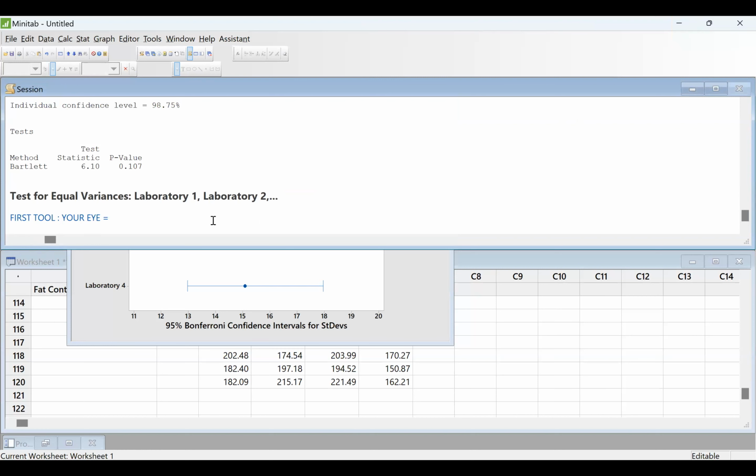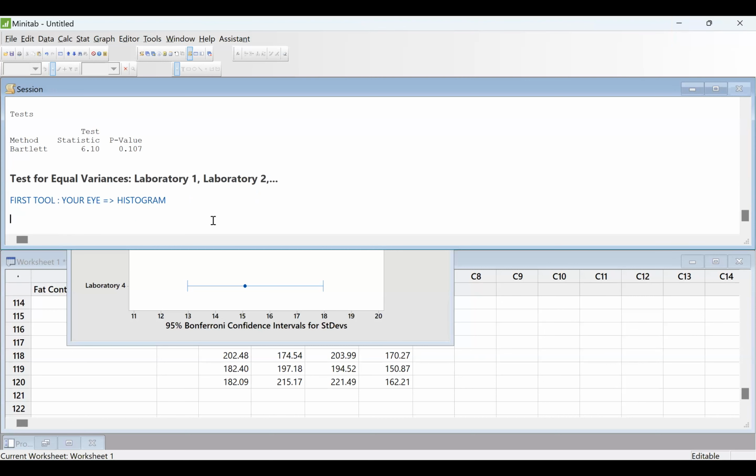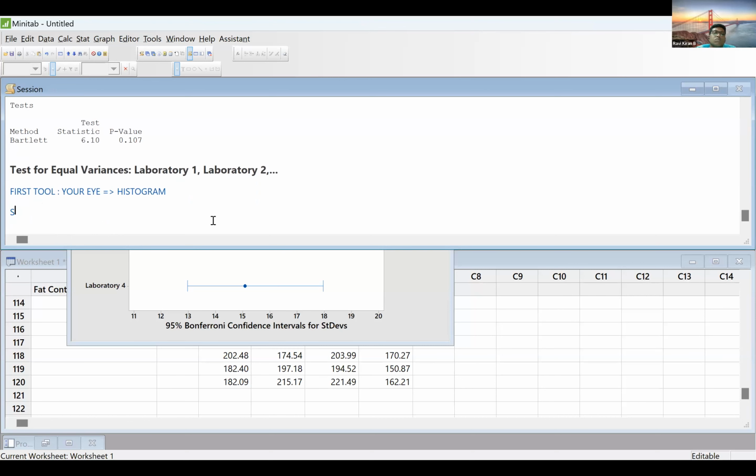You can use the histogram: plot a histogram and verify for yourself. Normality means bell curve, isn't it? And those of you who have a problem with your eye can go for a hypothesis test, the second tool, known as the Anderson-Darling normality test.